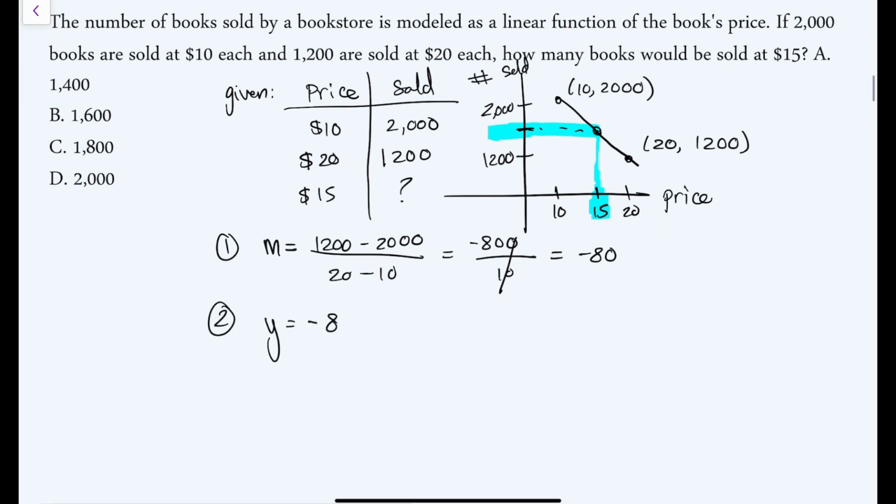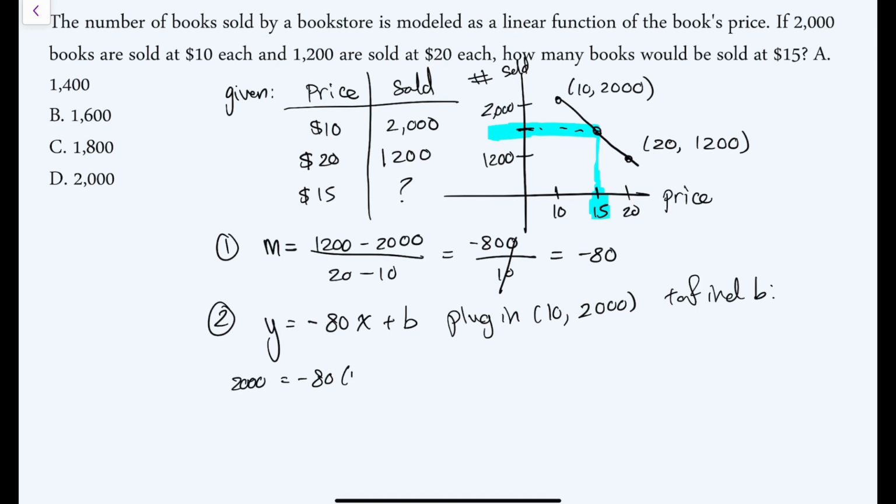Y is equal to negative 80x plus b. So plug in one of the points. Let's say 10, 2,000 to find b. Y is equal to negative 80x. So our y value is 2,000. Our x value is 10 plus b. 2,000 is equal to negative 800 plus b. We're going to add 800 to both sides. 2,800 is our b value.